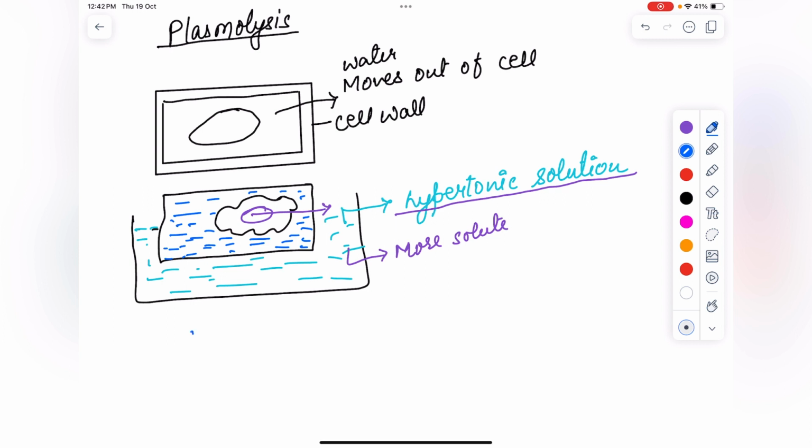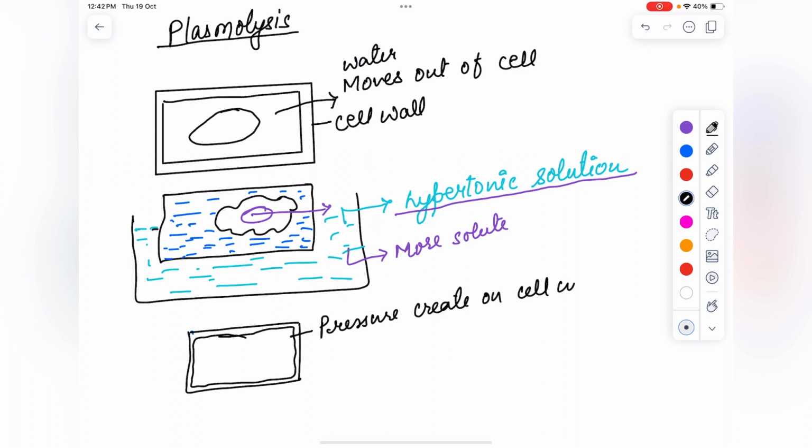When this cell is placed in the hypotonic solution, again the cytoplasm will regain itself and it will create a turgor pressure. ये जो साइटोप्लाज्म है, ये प्रेशर क्रिएट करेगी on the cell wall. And this is called turgor pressure.